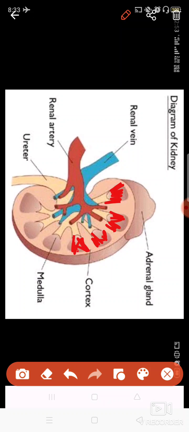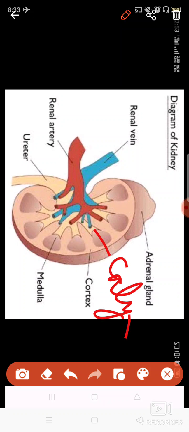The collecting ducts present here open into this region, which is known as the calyx.